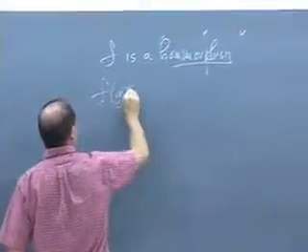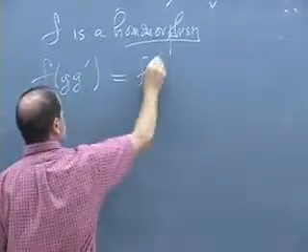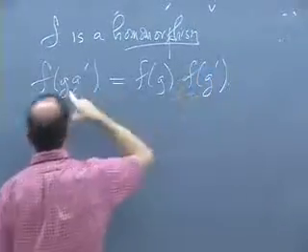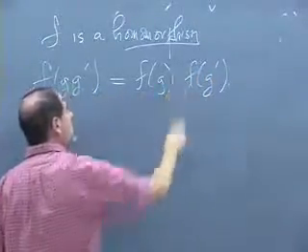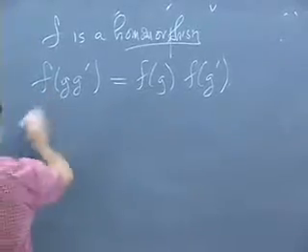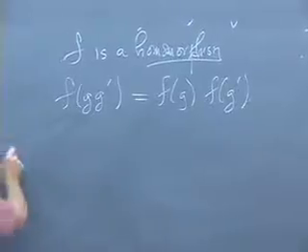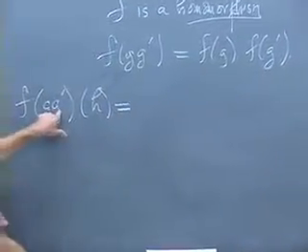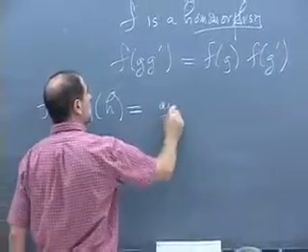There we have to check that F of g g' is equal to F of g composed with F of g', where this is multiplication in G and this is composition of automorphisms. Well, by definition, F of g' on an element H is conjugation by g'.